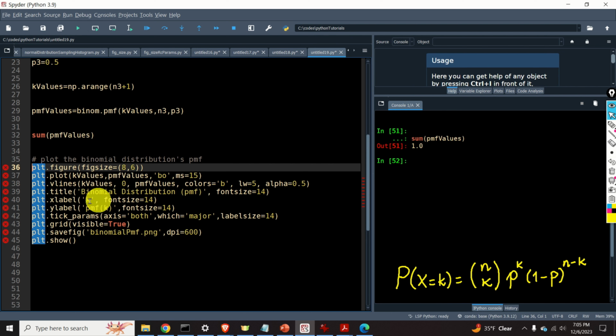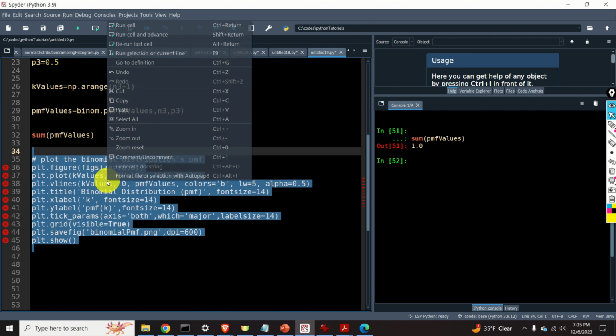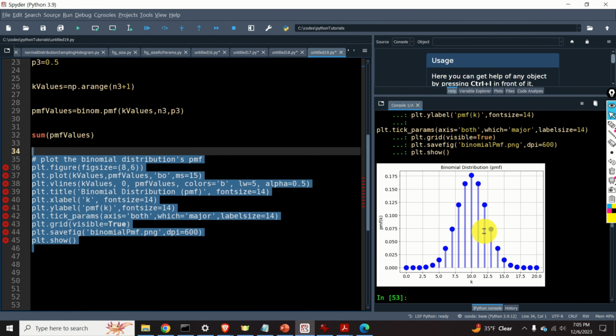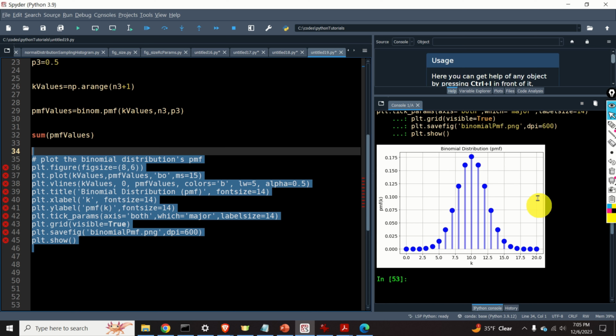I set the title, I set the X label, Y label, I adjust the font size on the X and Y axis, I set the grid, I save the figure, and finally I show the graph. So let's see the graph. Here it is. It looks perfect. On the x-axis we have k values, and on the y-axis we have PMF values.